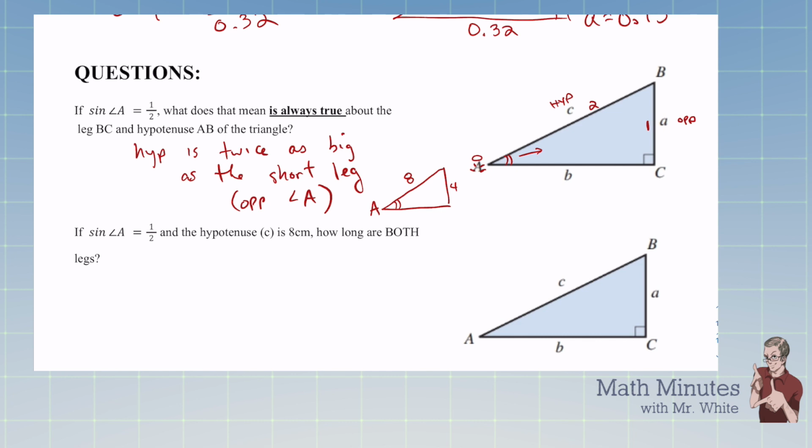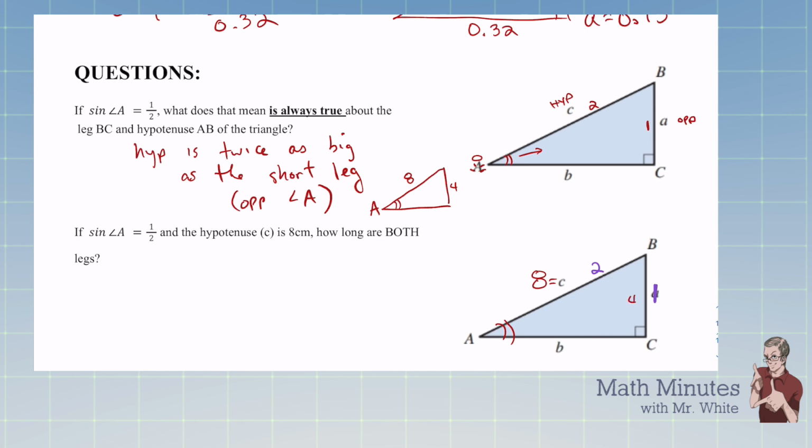All right, moving on. If the sine of angle A is 1/2 and the hypotenuse is 8, this was the question that I just answered. So if we have a 1 to 2 relationship between the leg that's opposite A and the hypotenuse, and if we know the hypotenuse is 8, how big does the short leg there have to be?